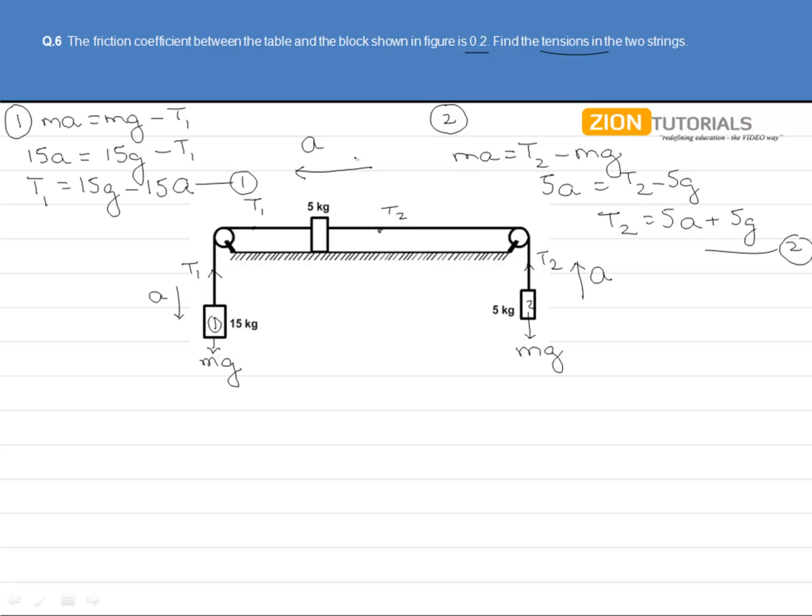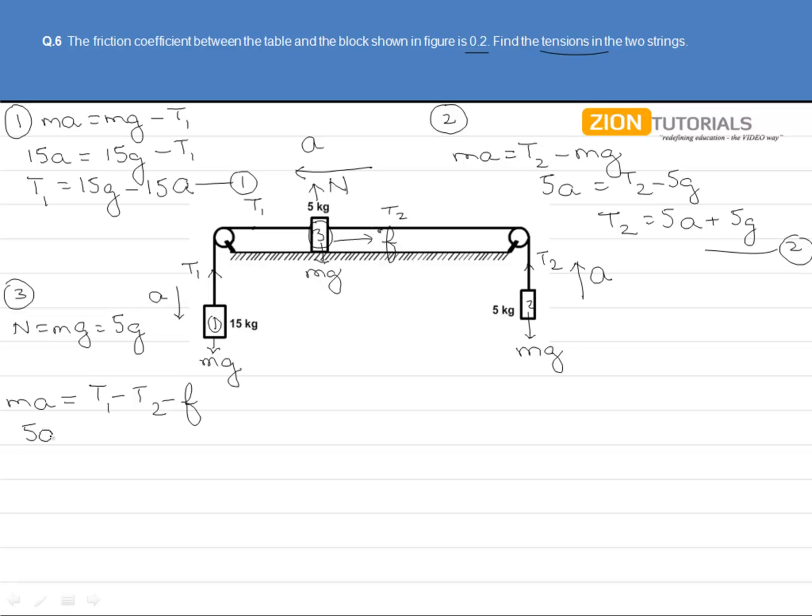Proceeding ahead, if acceleration is to the left, then this block must be suffering a frictional force in the opposite direction, and hence for this third block, let us frame the equation. Since mg force is in the downward direction, a normal reaction in the upward direction, so I can write it as normal reaction equals to mg equals to 5g, and in the horizontal direction, mass into acceleration is T1 minus T2 minus friction.